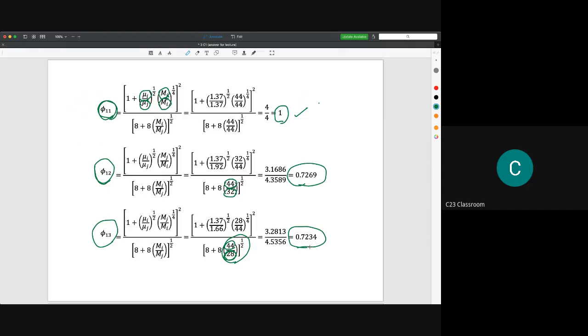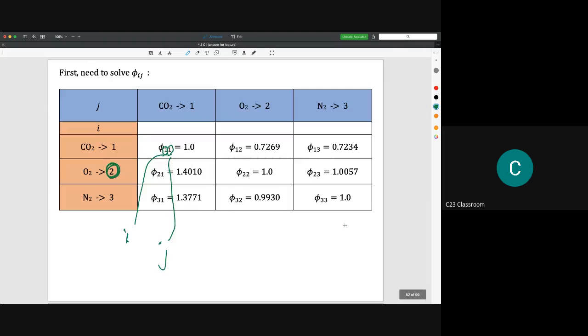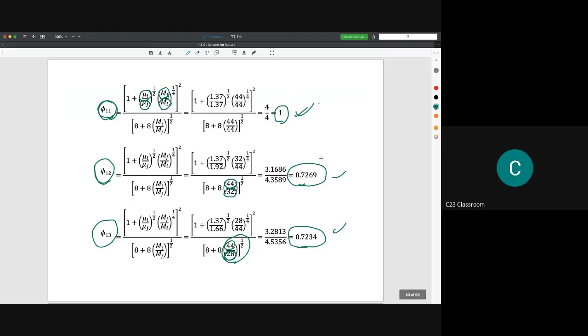Then you write all of these values in this table. So this is the value of 1,1, 1,2, and 1,3.